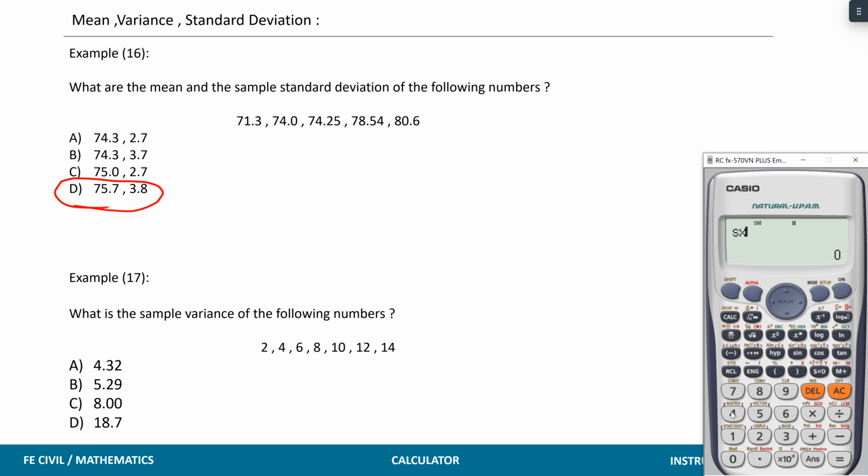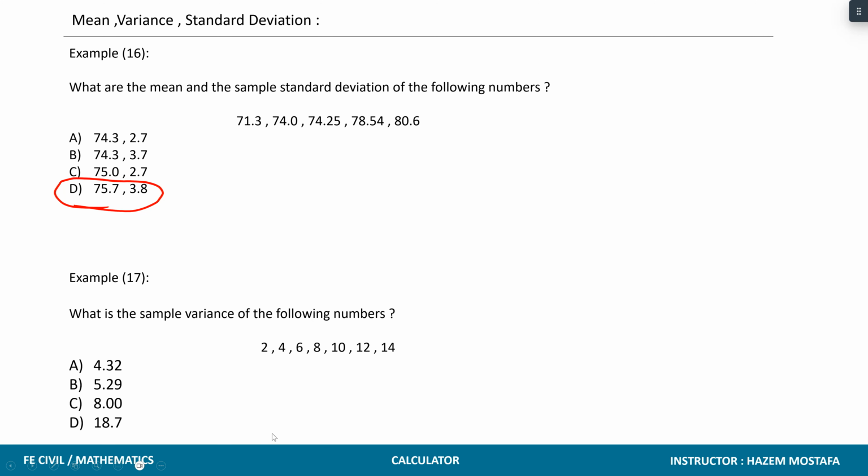The sample variance is the square of the sample standard deviation. So I press to the power 2, and then press equal. It's equal to 18.66, to the nearest tenth 18.7, which is D.